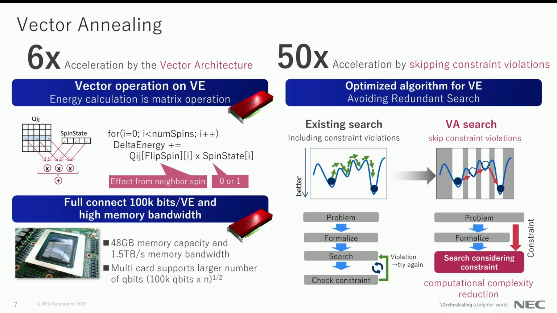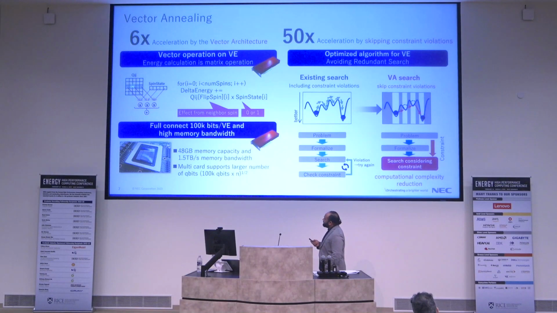And if you look at this part, you will identify that a spin matrix and the spin state is actually a matrix vector operation, and the vector engine architecture is indeed what specializes for these kinds of computations. So using the hardware's own capability, we get a 6 times further acceleration by just using the vector architecture that we have. And this stack has been assembly tuned for our hardware.